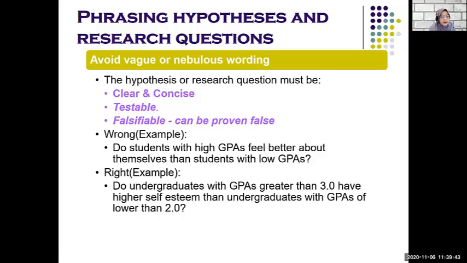So what's the problem with this example? The problem is we do not know how to define high GPA or low GPA. This is what we call subjective. Different people will use a different scale to label high GPA or low GPA.